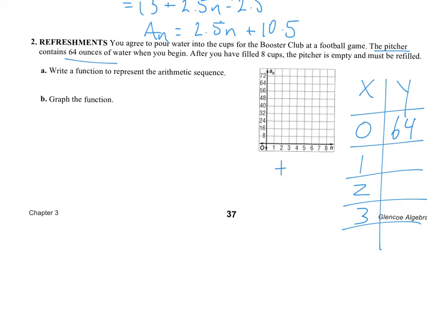These are also on the x value here of our graph, we have the term number that we're after. So the first term, the second term, the third term. Well, I know all the way down here at 8 cups, I finally get down to 0. All right, so I need to figure out basically what numbers go here, what numbers go here, what number goes here. So see if you can't figure that out.